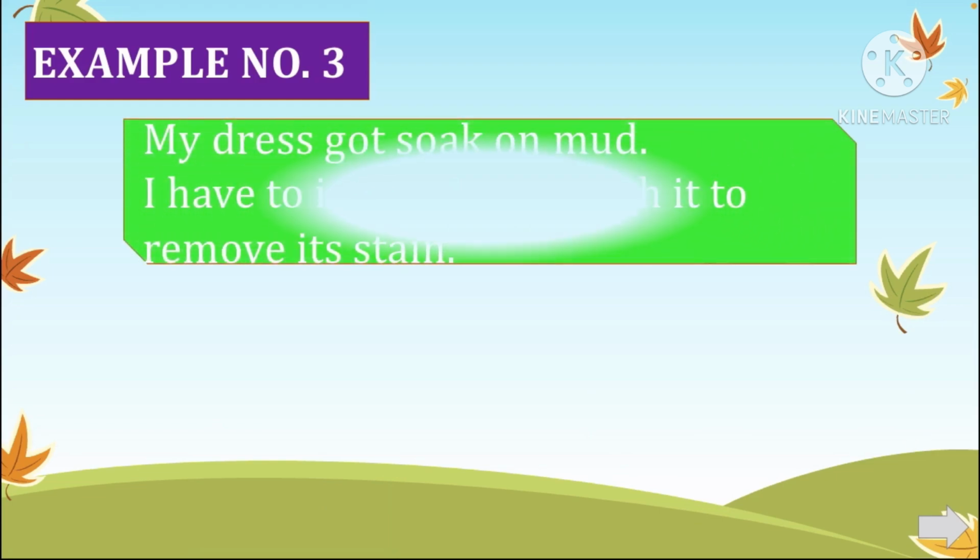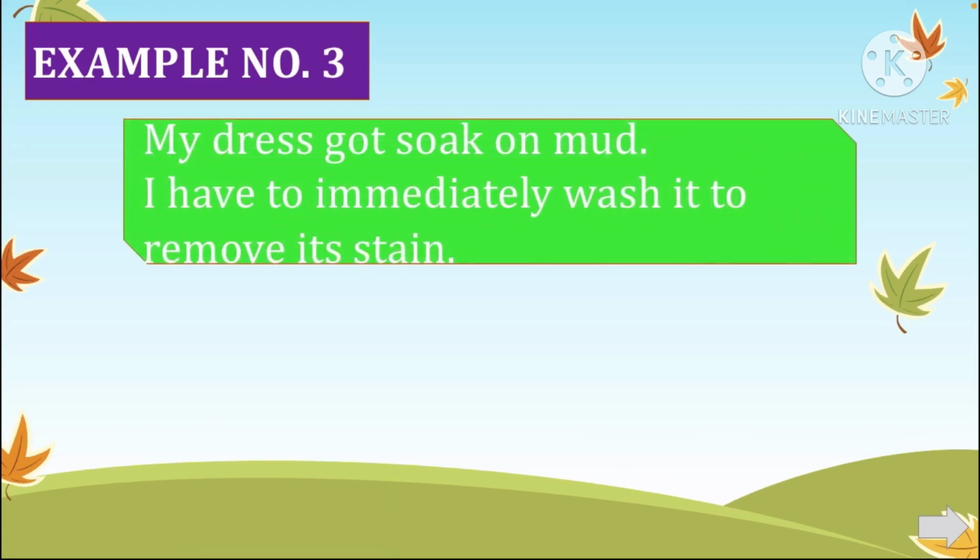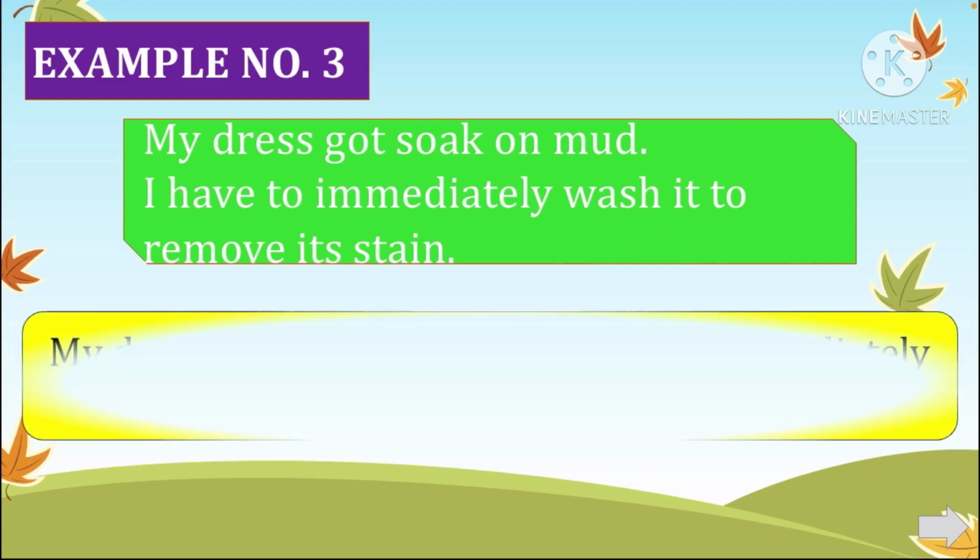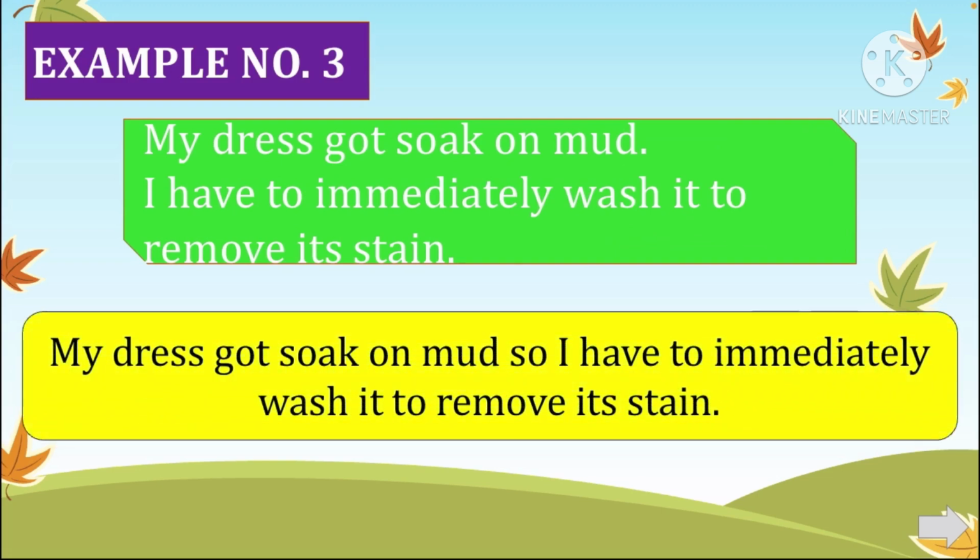Next, my dress got soaked on mud. I have to immediately wash it to remove its stain. The compound sentence is: my dress got soaked on mud, so I have to immediately wash it to remove its stain. What independent clause tells the problem?